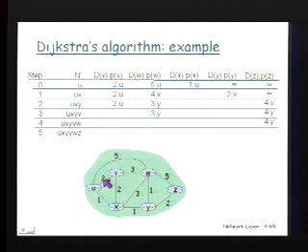So the distance to node V is 2, and the node before V to get to V is going to be U. So you set this distance here. The distance to W is 5 because there's a direct link, and the predecessor node is U. Similarly, distance to X is set, and then the other distances are set to infinity.